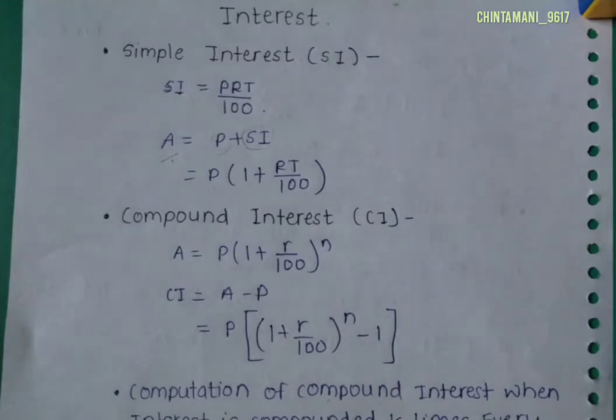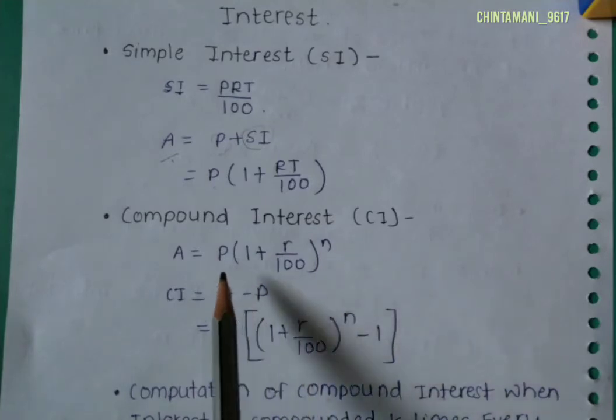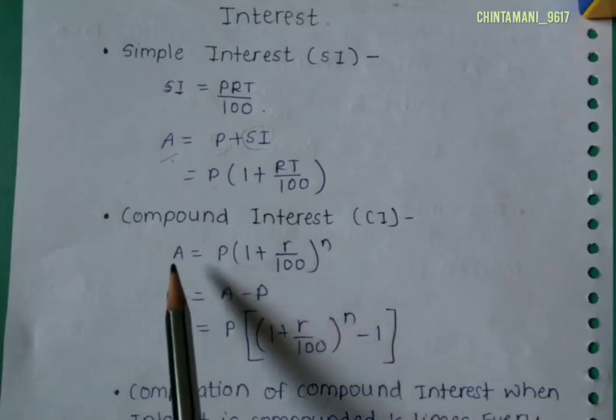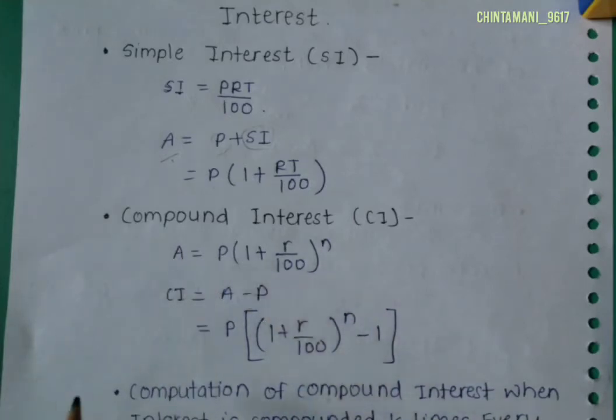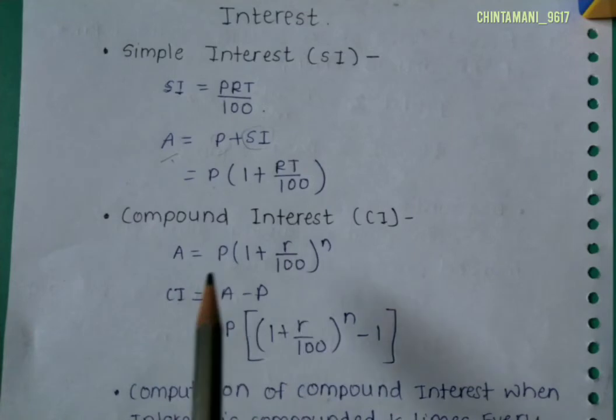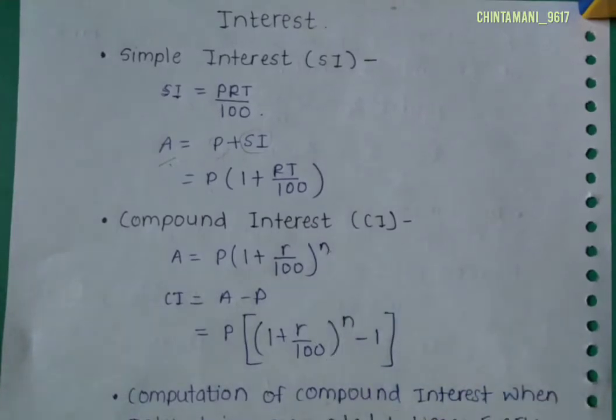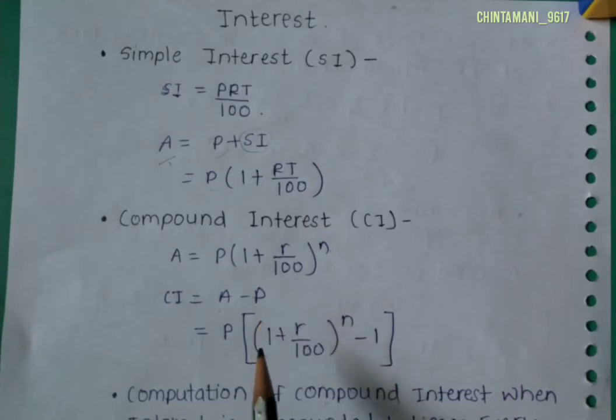The formula for the amount in compound interest is P (1 plus R by 100) raised to N. Here A is the amount, P is the principal that we borrowed, R is the rate per annum, or quarterly or half yearly, and N is the time period for which we borrowed. The compound interest is calculated as amount minus principal, and its formula is P [(1 plus R by 100) raised to N minus 1].